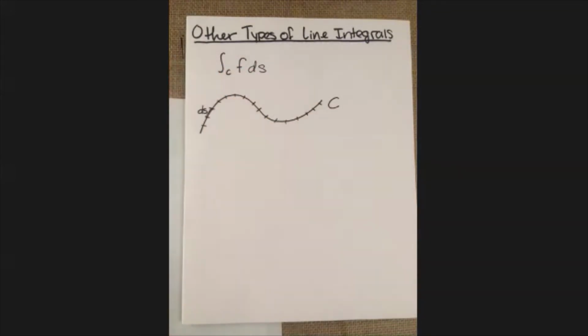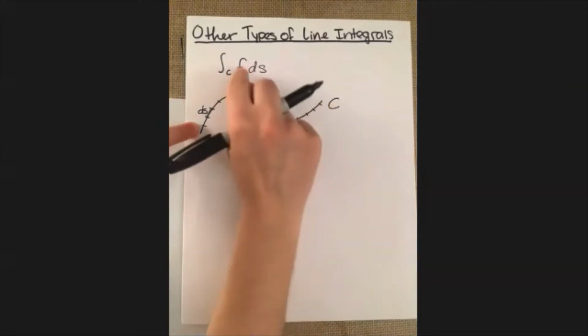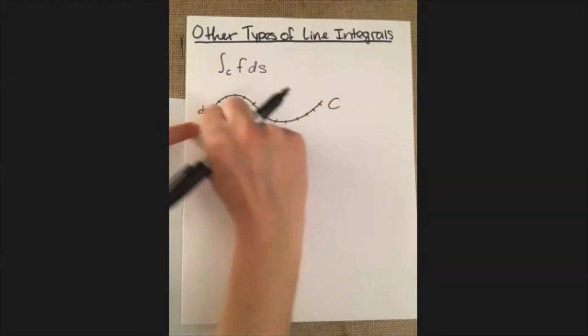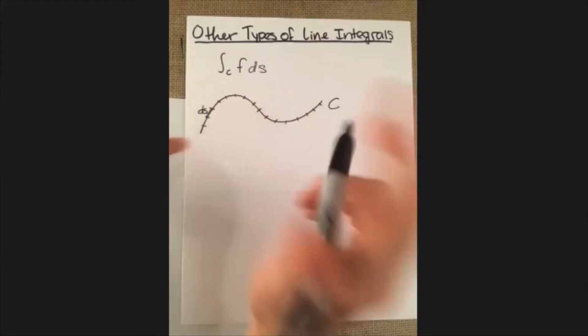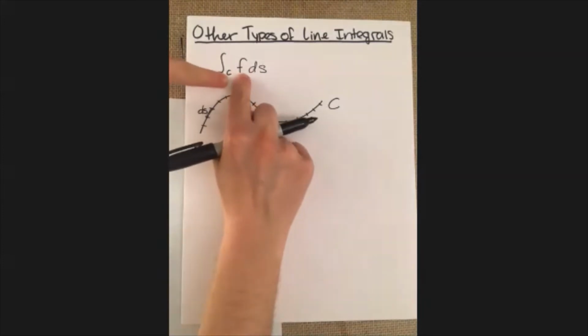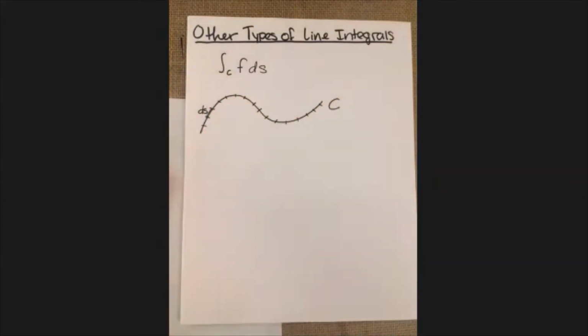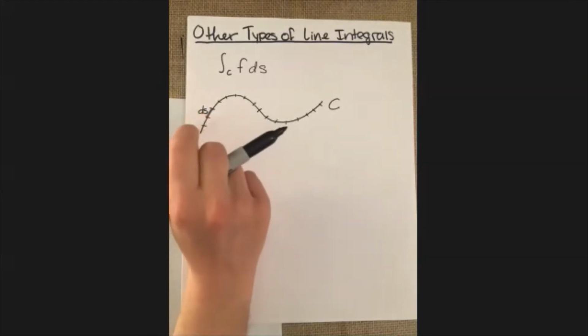So a line integral chops the curve up into all these tiny little pieces, evaluates f along the curve C to take into account changing density, and then adds all those pieces up. That's why in a previous video I said that when f is equal to 1, all you're doing is adding up all these little chopped up pieces, and you just get the length of the curve out of it.